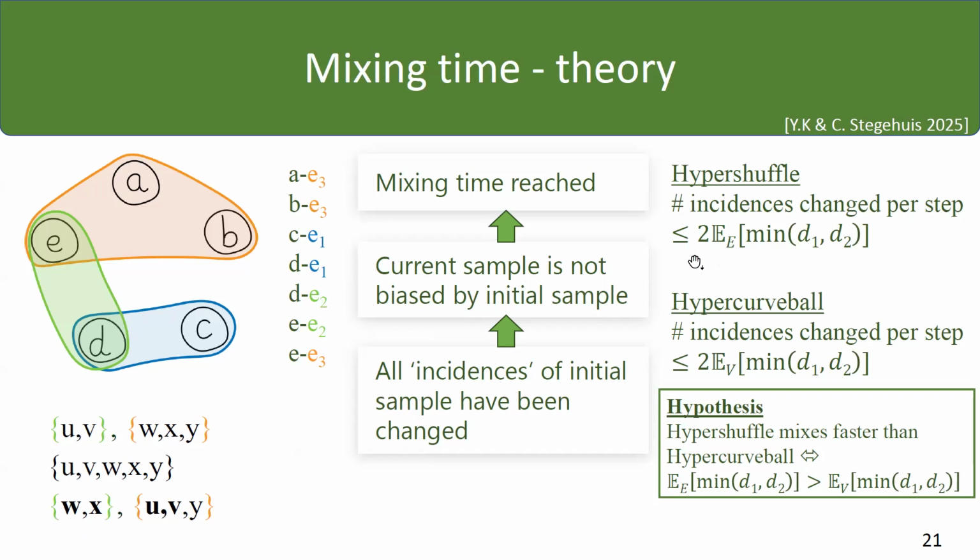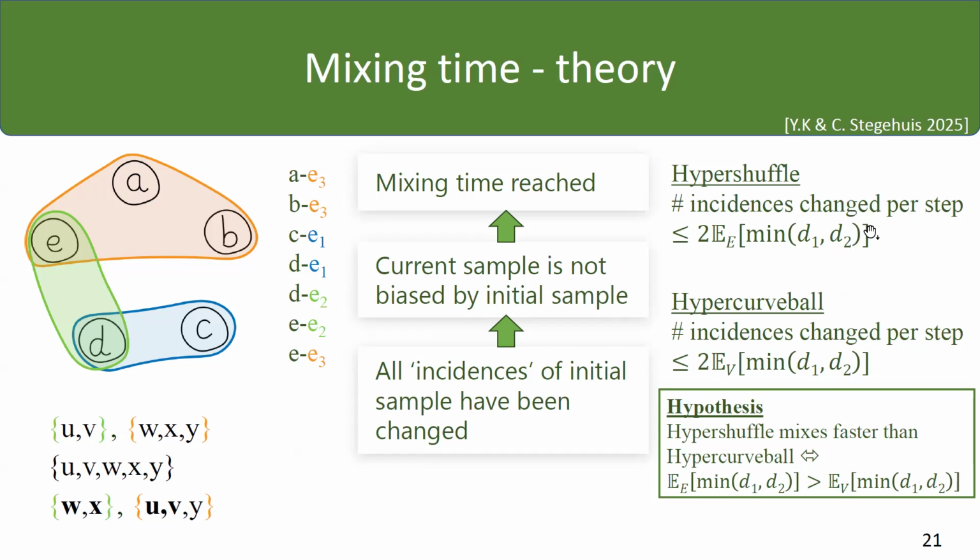So that's what we see here as well. So here I put twice the minimum degree of two hyperedges. And since we pick the hyperedges at random, we put an expectation there as well. And then for the hypercurveball, it's the same idea, but now we don't look at the hyperedges and their size, but we look at the incidence sets and their size. And the sizes of the incidence sets are just the degrees of the nodes. So now we look at the minimum degree of two nodes times 2.